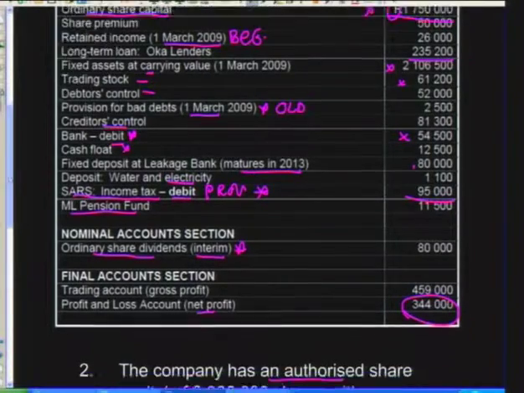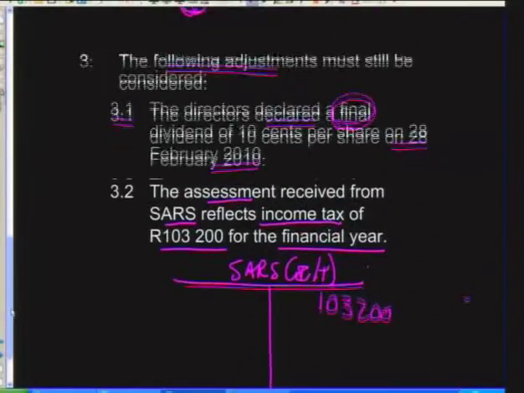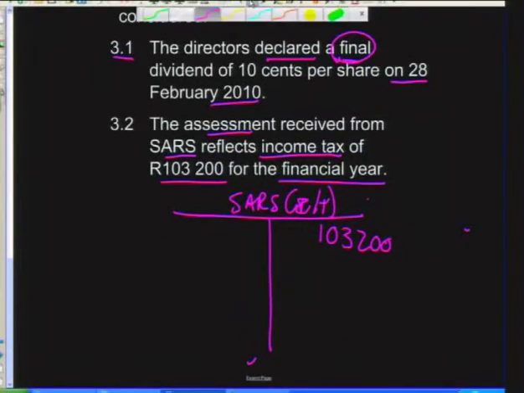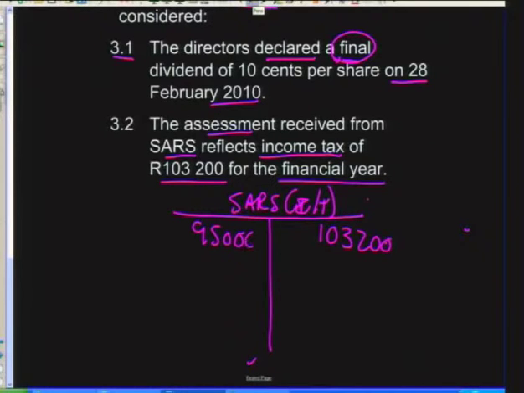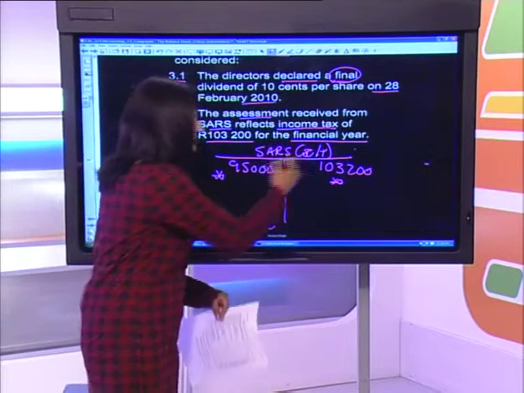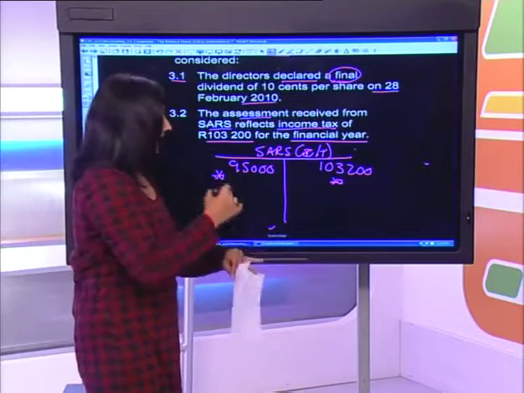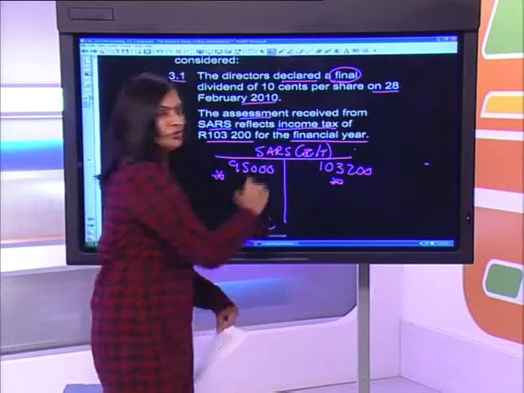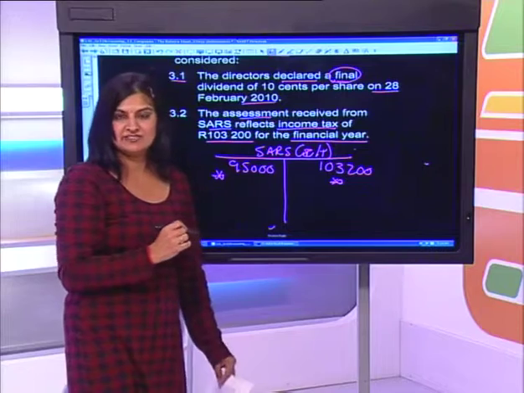So let's take that total to this T account and let's check whether we're still owing the receiver in terms of tax. Right, this is how much we should be paying. This is how much we've already paid the receiver. So clearly, if you inspect the two amounts, we still need to pay the receiver a balance of 103,200 minus 95,000.